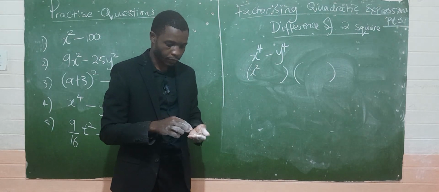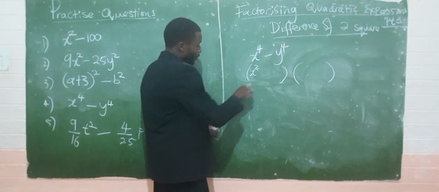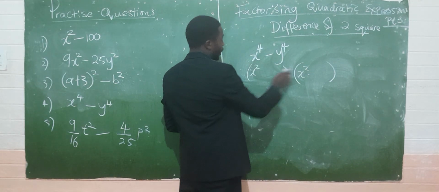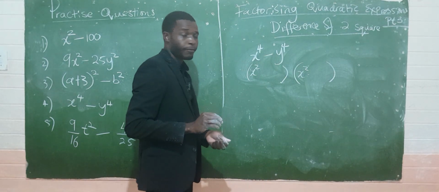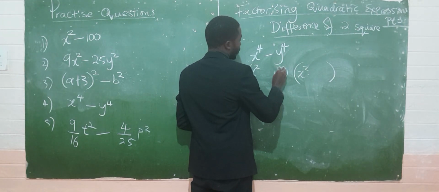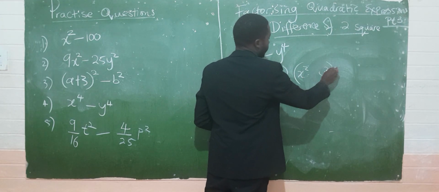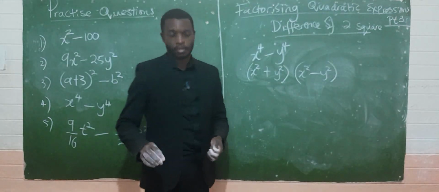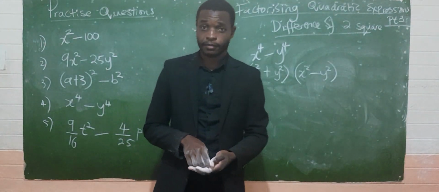That's just the definition of a square root. Otherwise, this should be x squared and x squared. And notice when I multiply them, I get x to the power of 4. Similarly, the square root of that is y squared and y squared. I put a plus, I put a minus, and boom, I am done.